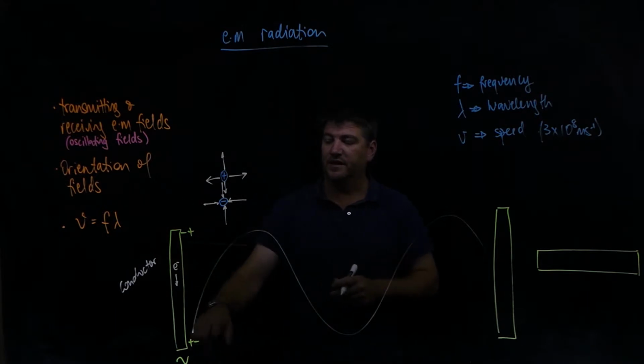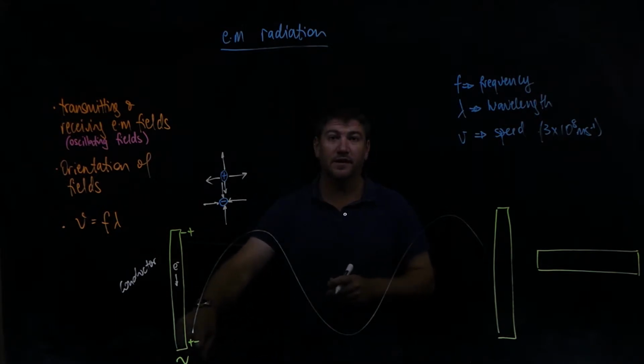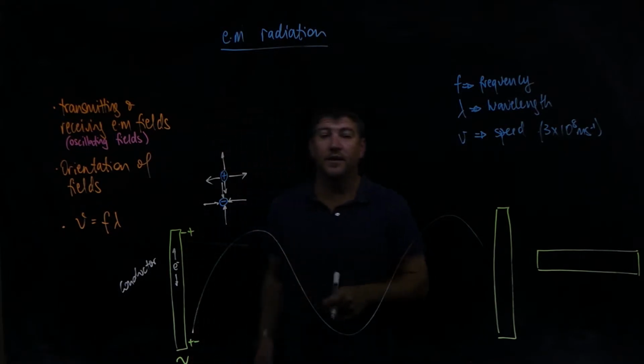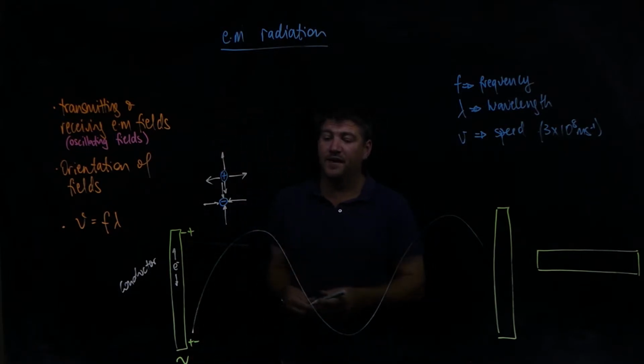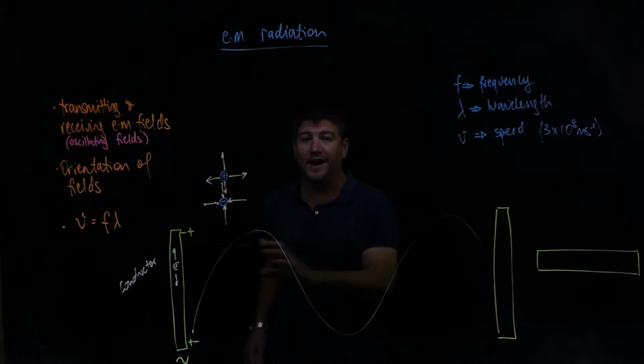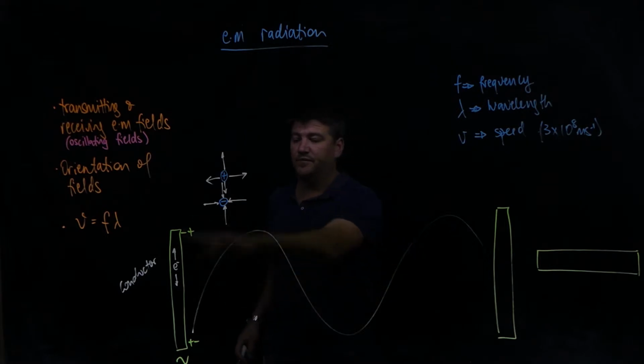Sometime shortly after we're going to swap the polarity here, so negative at the bottom, positive at the top, and that's going to make the electrons whiz up and down. And this up and down motion is going to cause a variable electric field that's going to radiate outwards at the speed of light from this antenna.